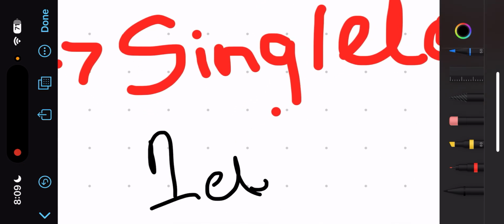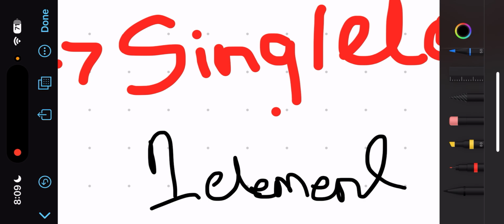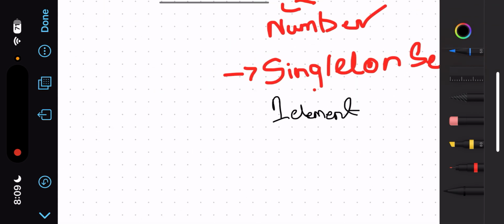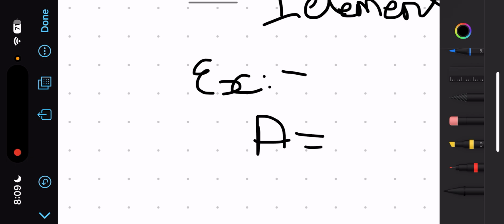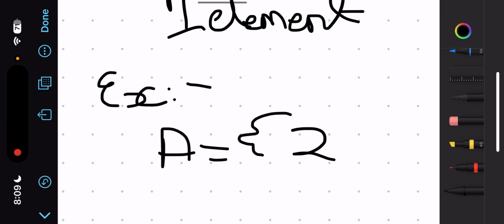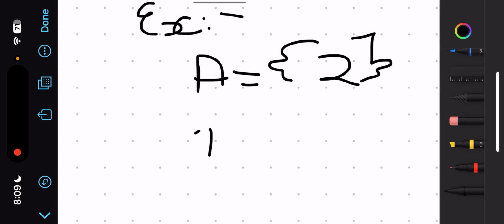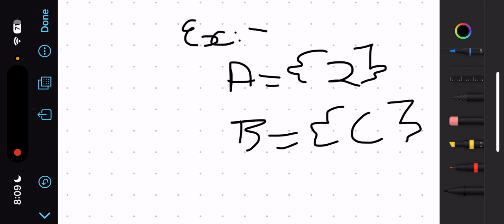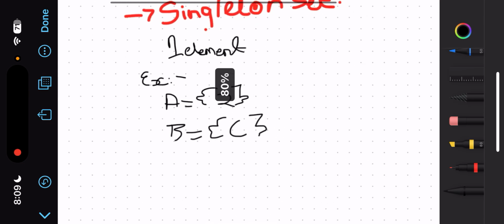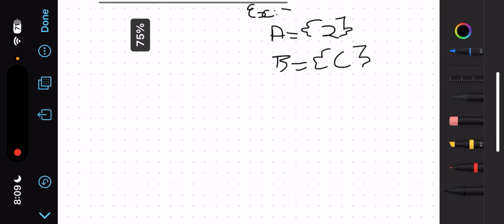If a set has one element, we will know it as a singleton set. For example, A equals {2}. One more example, B equals {c}. So this is a singleton set that has only one element. That element could be anything, any variable, any number.